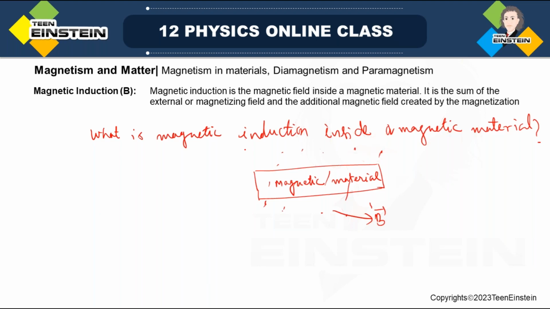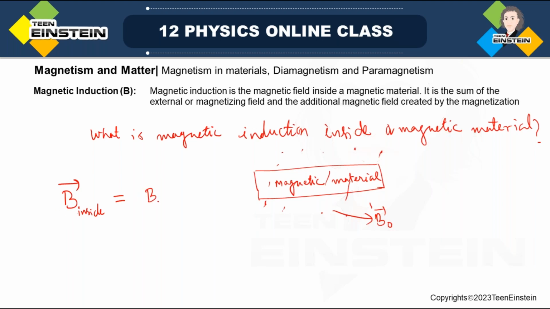The magnetic induction inside a magnetic material, when it is subjected to some applied external magnetic field, is the resultant of two things. I'll write B inside the material.